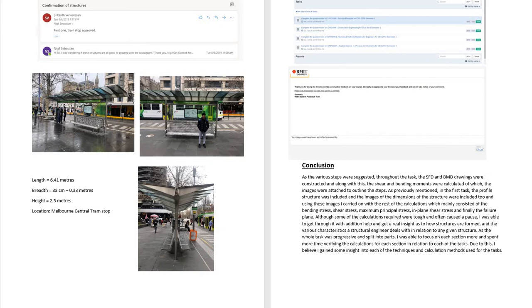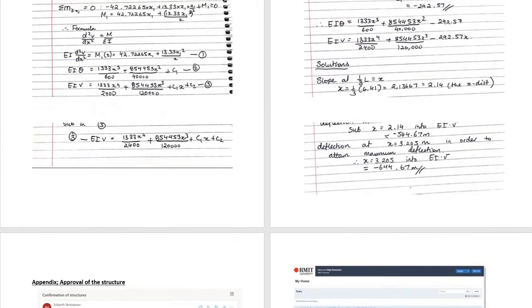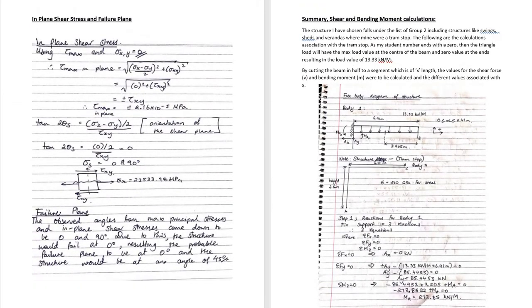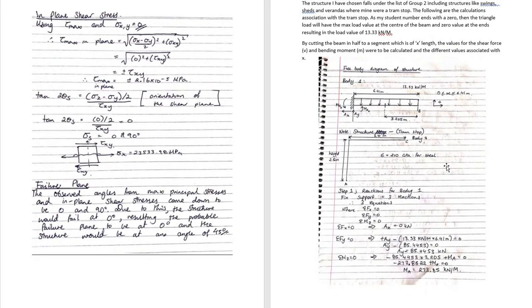Now, going back a few pages and focusing on the second video project task. We were asked to draw the shear force and bending moment diagrams, and the point load amount was to be calculated.